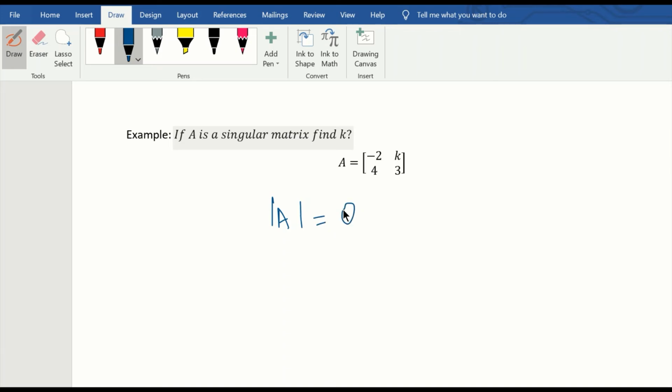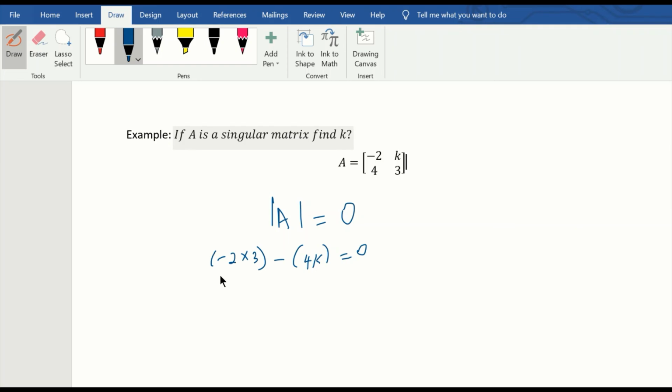So what I do next, for me to find K, I have to find the determinant of matrix A and equate it to 0. So we have 3 times minus 2, which is the leading diagonal, minus the product of the non-leading diagonal, which is 4 times K, which is 4K, equal to 0.